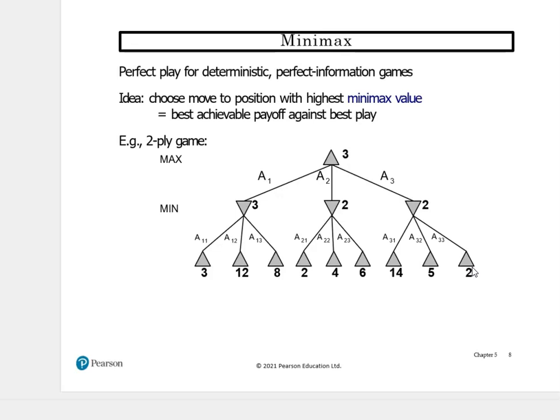Its successor states have min-max values of 3, 2, and 2. So it has a min-max value of 3. We can also identify the min-max decision at the root. Take action A1. And the reason why we asked Max to take action A1 is because action A1 puts him on the path for the highest min-max value, which is 3 in that case, which is on this side of the tree.